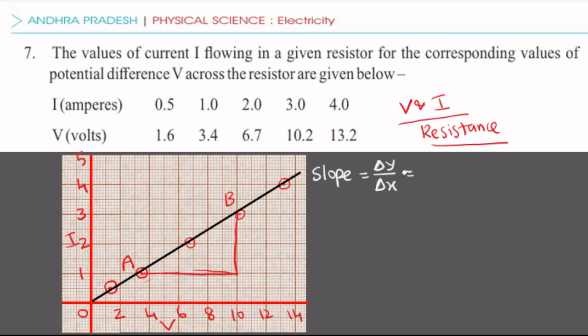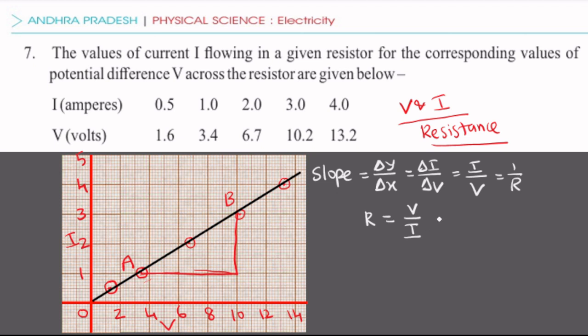Delta y means change in current, by change in voltage. So this will give the slope of this line, change in current I by change in voltage V, which is equal to 1 by R. So if you want to find the resistance, R is equal to V by I, that is change in voltage by change in current.